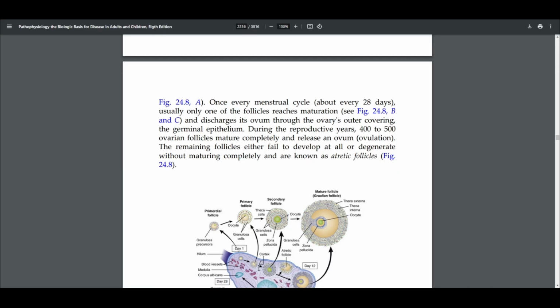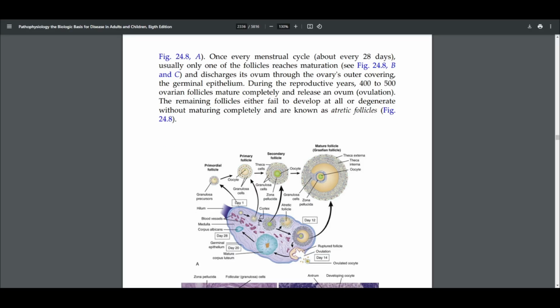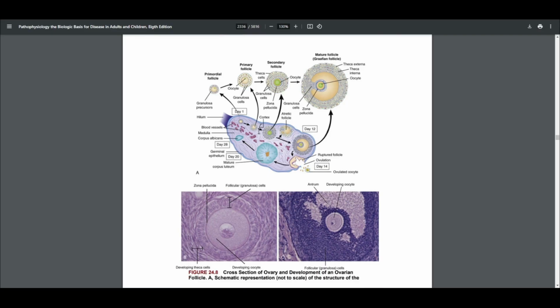During the reproductive years, 400 to 500 ovarian follicles mature completely and release an ovum. The remaining follicles either fail to develop at all or degenerate without maturing completely, and are known as atretic follicles. So here you're taking a look at the cross-section of the ovary and the development of an ovarian follicle.